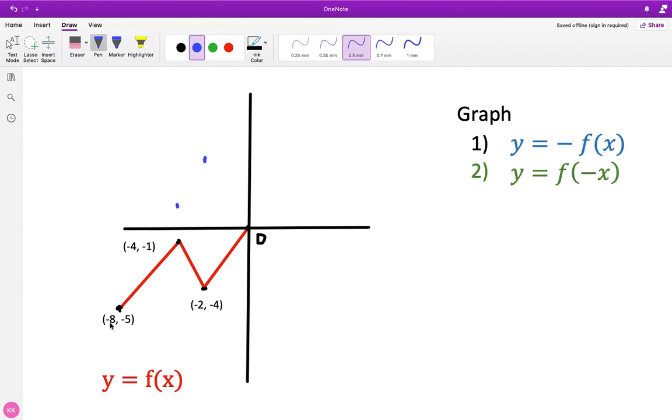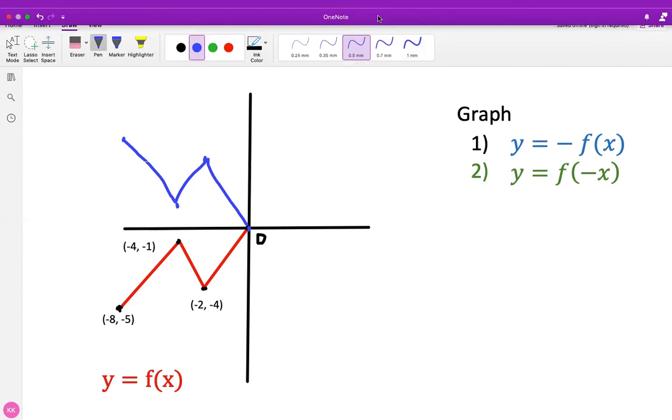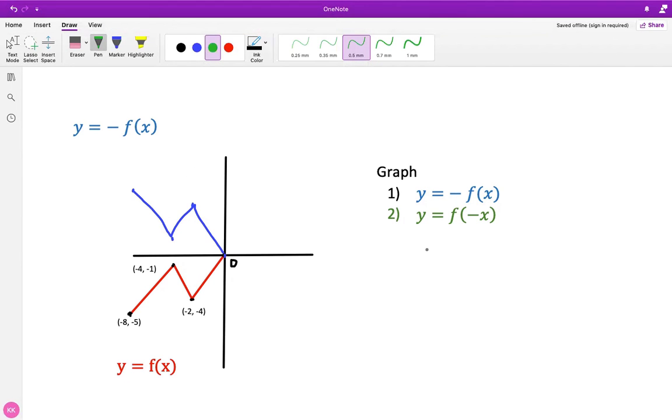And this one, negative 8 and negative 5, the new point is about at this position. Also we have the origin point, and I don't need to change this one. If I connect these points, I will get the first function, y equals negative f of x.